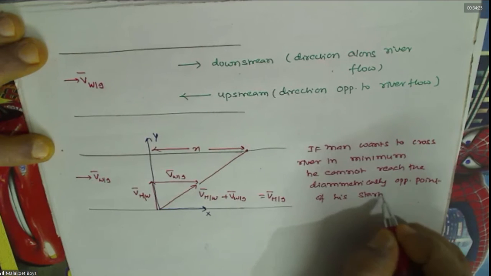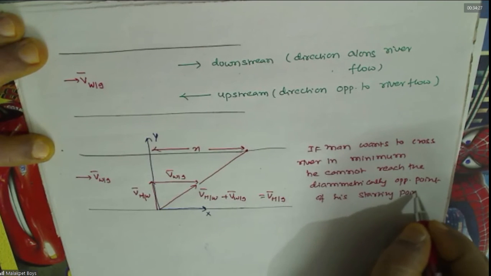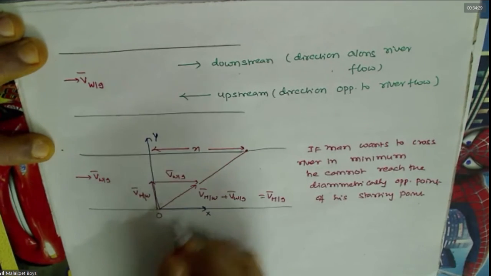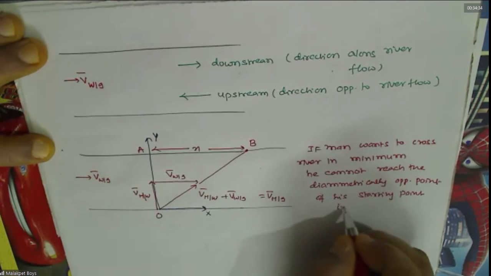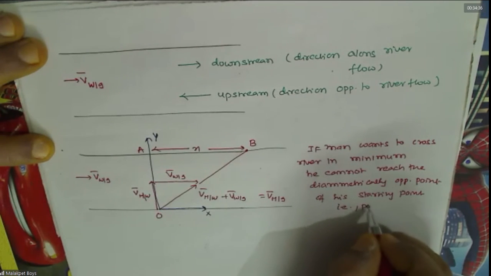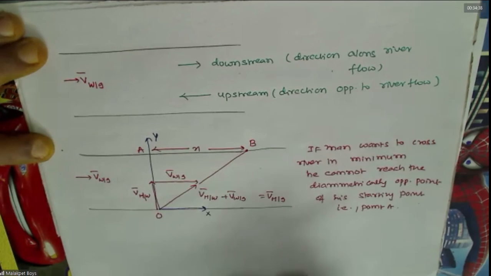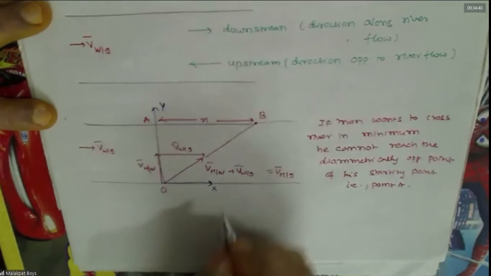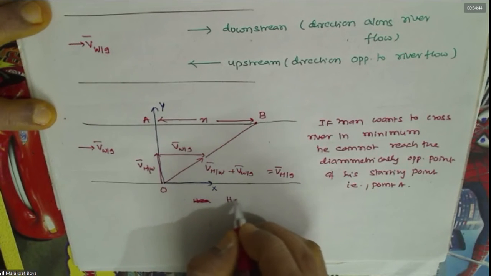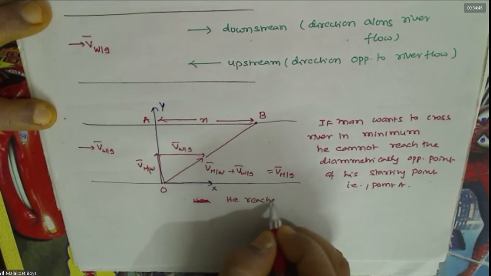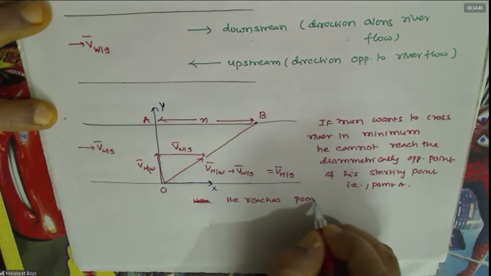Can he reach? So he will reach some other point, that is A. Clear? So he reaches point B.